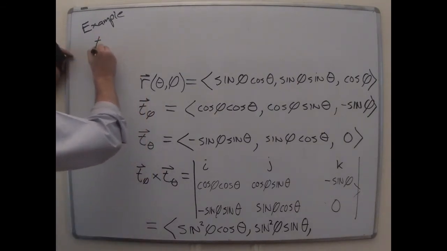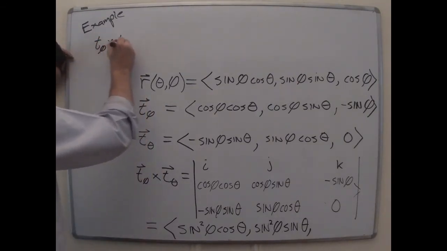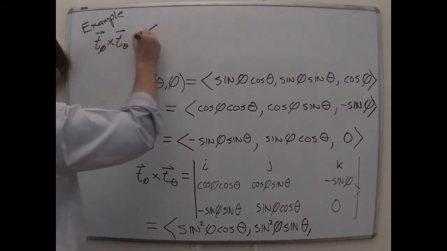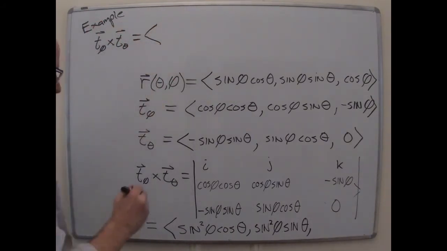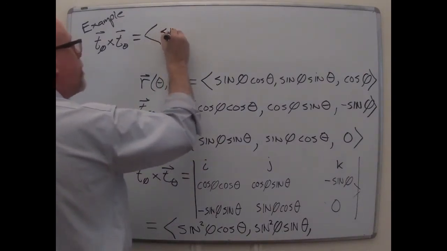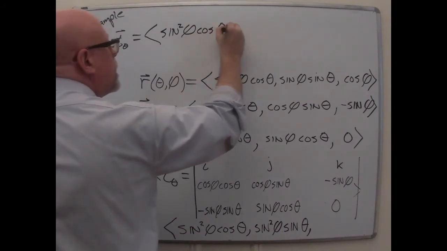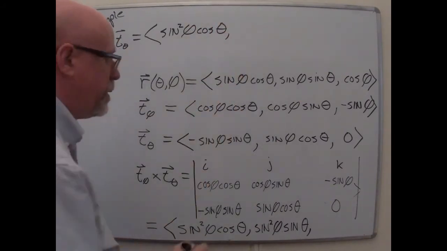So this is t phi cross t theta. Those are the tangent vectors. That's equal to sine squared phi cos theta. Just copying so far. Sine squared phi sine theta.